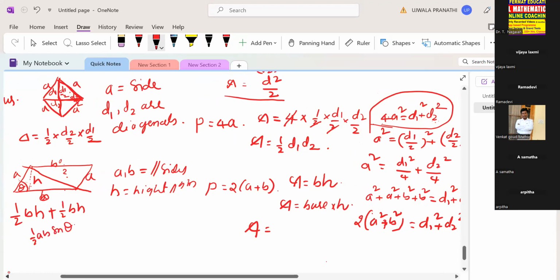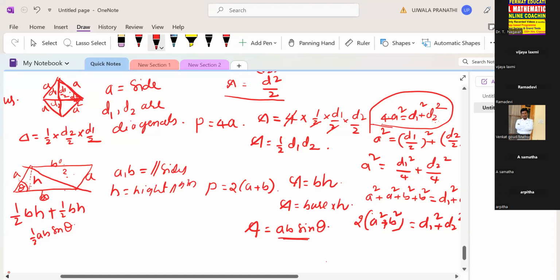So area of a triangle when two sides are given and the angle between them is given is half of AB sin theta. If this is half of AB sin theta, this will also be half of AB sin theta. Then we get totally AB sin theta. When two adjacent sides are given and the angle between them is given, then the area of the parallelogram will be AB sin theta.